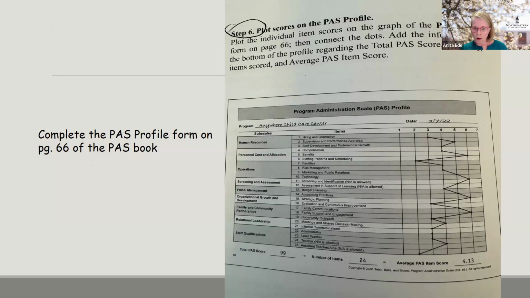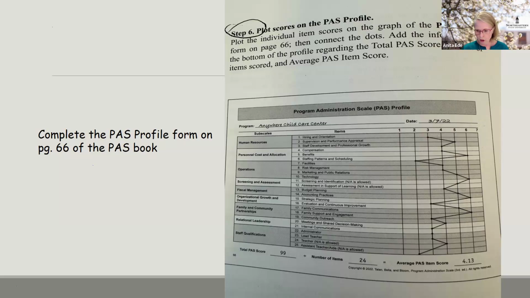There was one that they did not plot out. They'll tell you on the page, this can be omitted if it doesn't apply to where you're at, then just omit that and write on the page omitted. Normally, you would have 25.